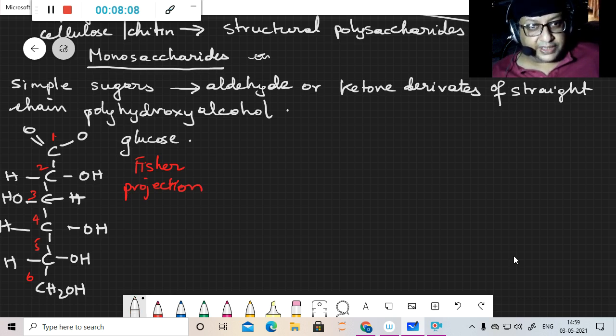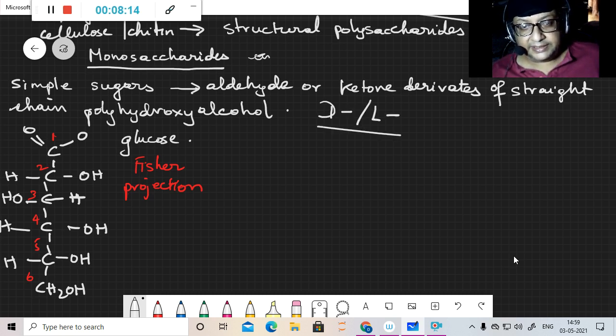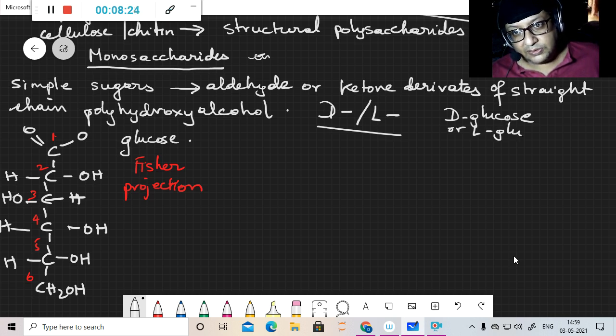Now glucose can be classified by the DL system of classification. It can be D-glucose or L-glucose. The simplest carbohydrate is glyceraldehyde.